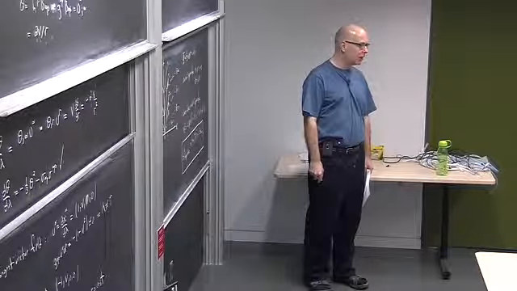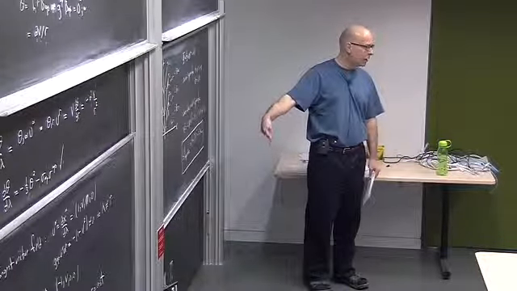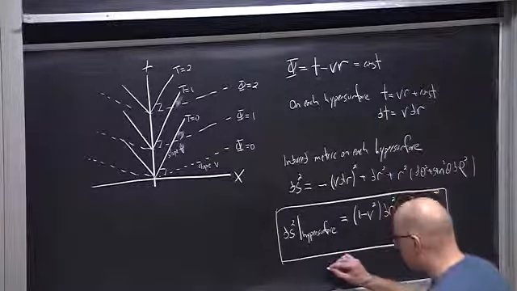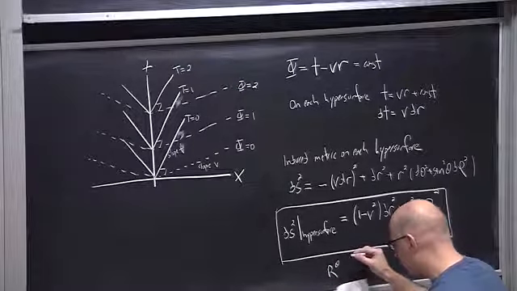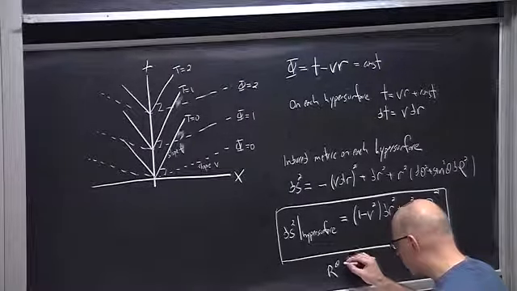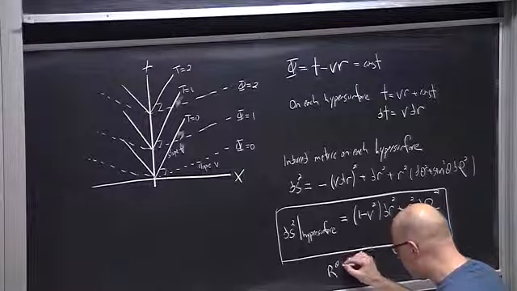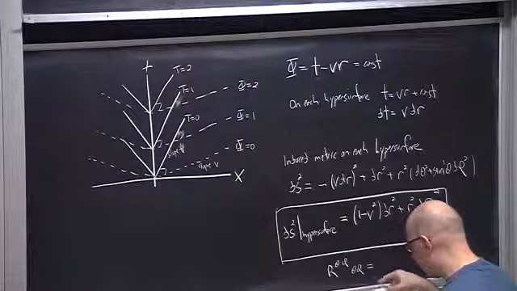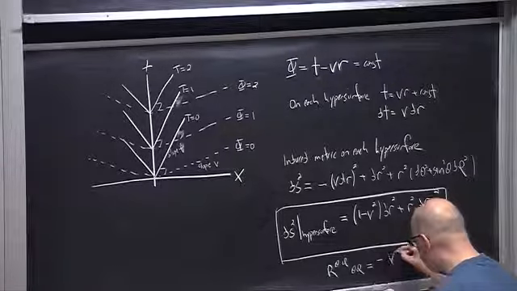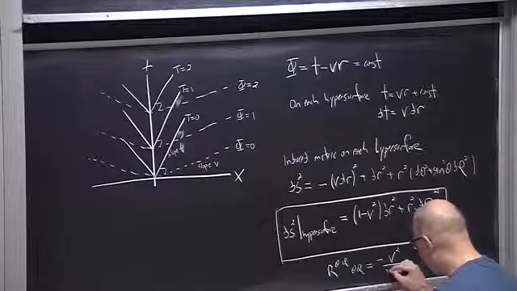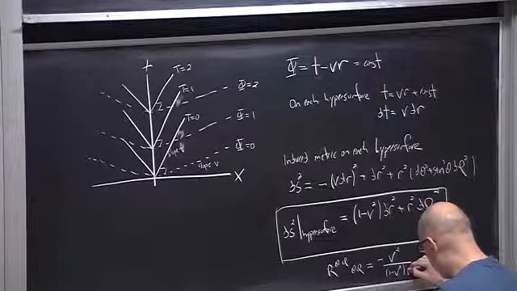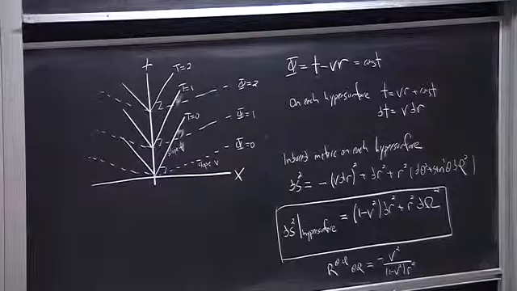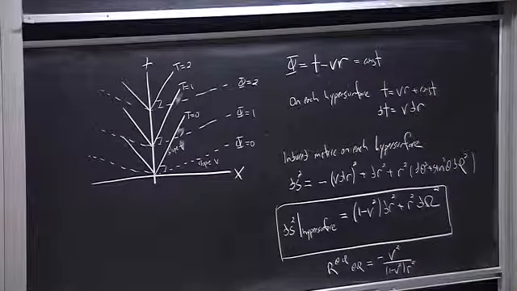So that's another little exercise. You can plug this metric into GRTensor, calculate its Riemann tensor, and I'll just display a component here. The only non-vanishing component, I'll write it in this form, R theta phi theta phi, is given by minus v squared divided by 1 minus v squared, multiplying r squared. So this is a surface with a three-dimensional metric that has an intrinsic curvature.